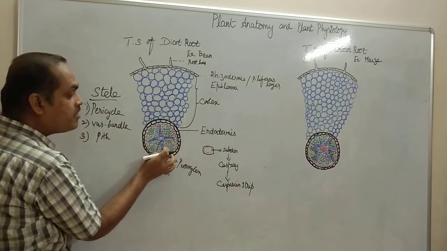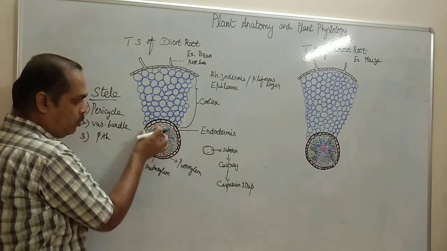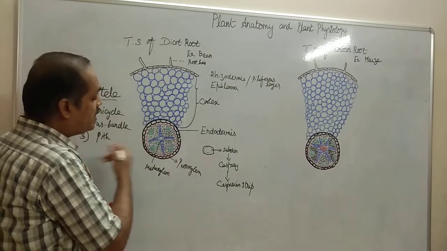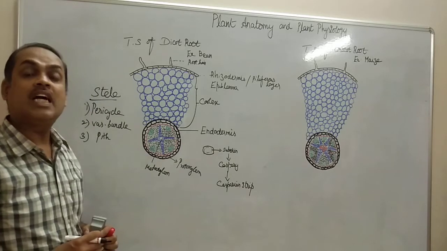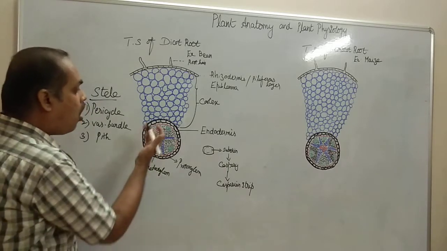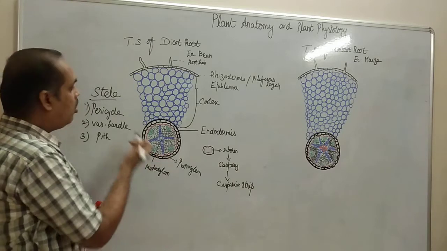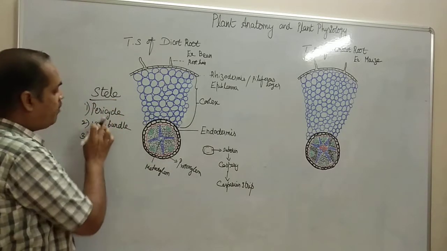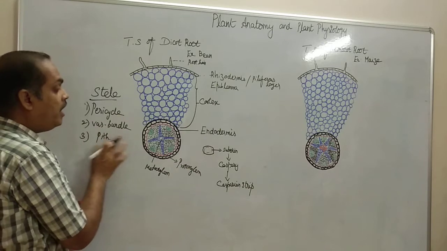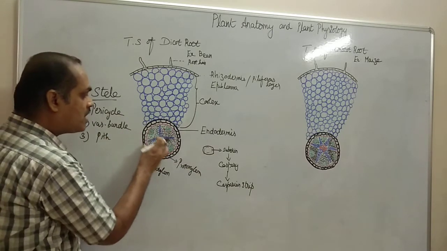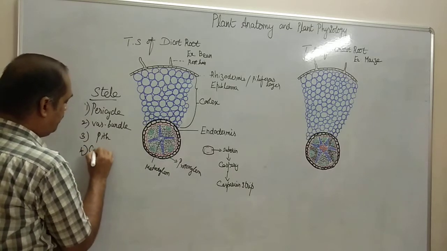And the tissues that separate xylem, that is the blue color cells, and the green color cells, called phloem, are called conjunctive tissue. So stele consists of pericycle and vascular bundle. If pith is there, you should include pith, otherwise we can leave it. And all this conjunctive tissue also we should include.